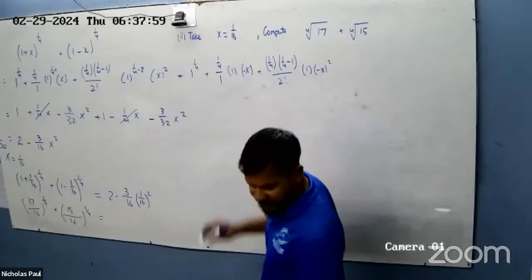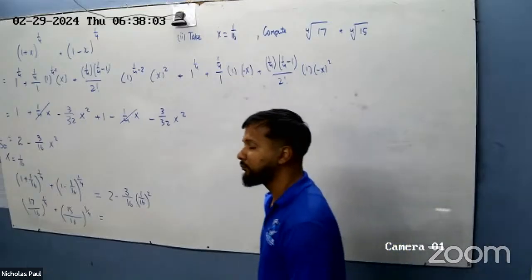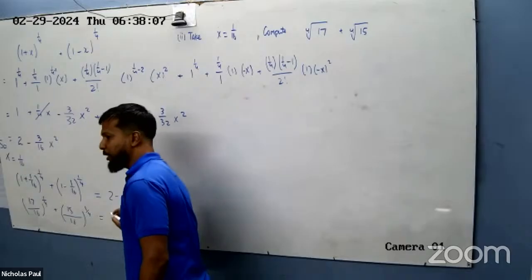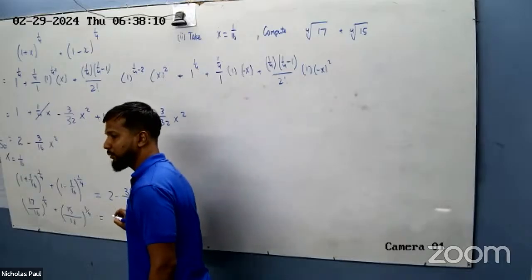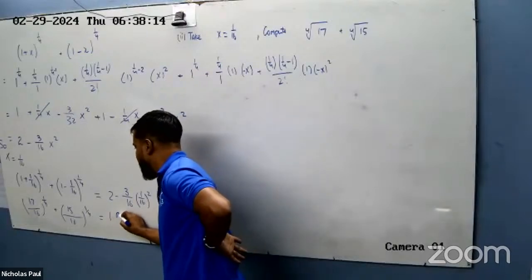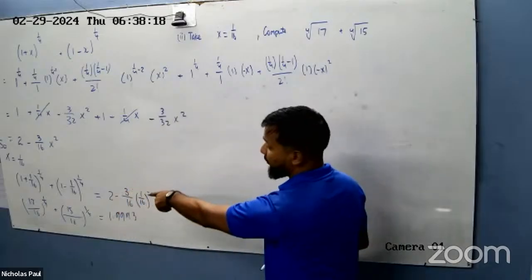Yeah, this is it. The question said 4 decimal places. How much do you get with this right hand side here? 1.9993. Okay. Now you still have to do some work on the left side.